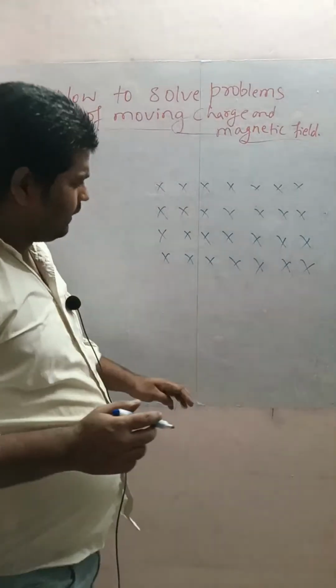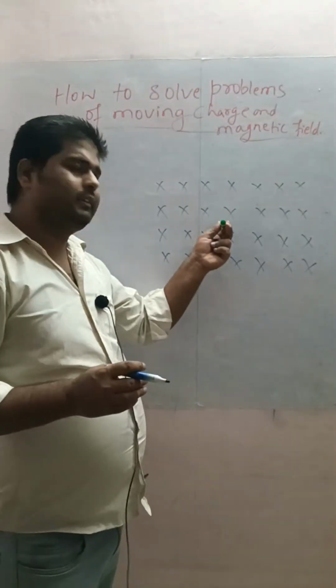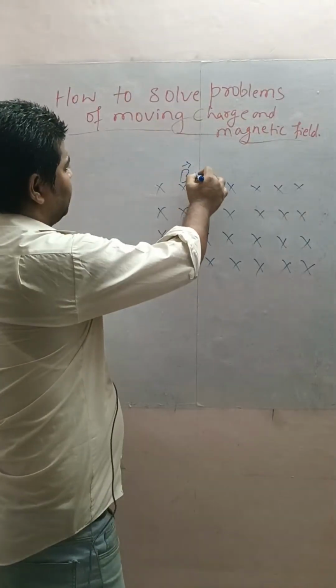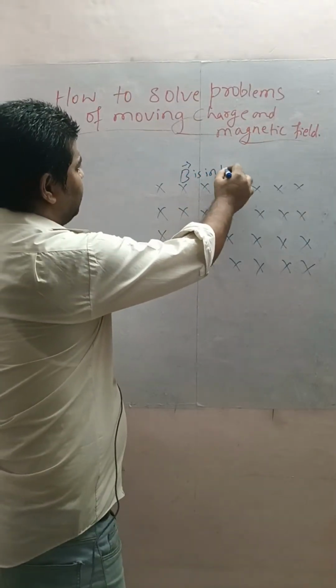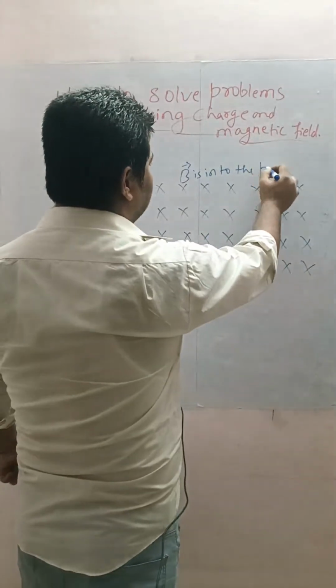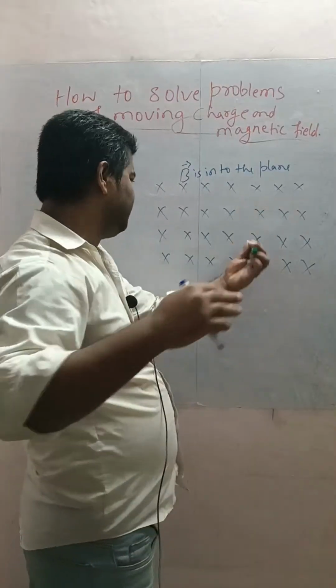See here, this is the magnetic field in this region and it's constant. It's like this. Clear? The magnetic field is into the plane. This symbol is used to represent a magnetic field into the plane.